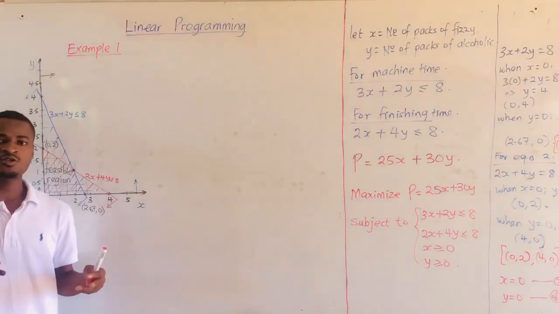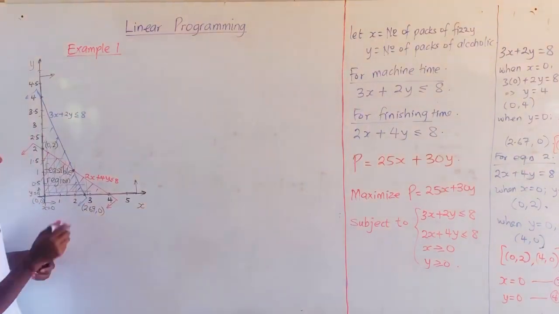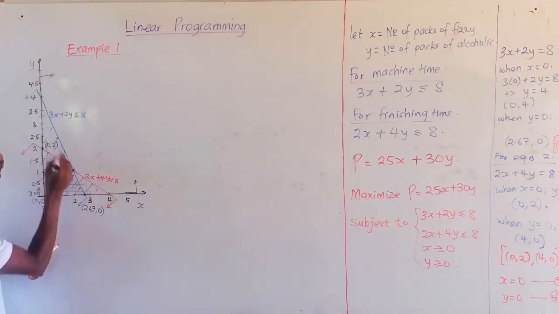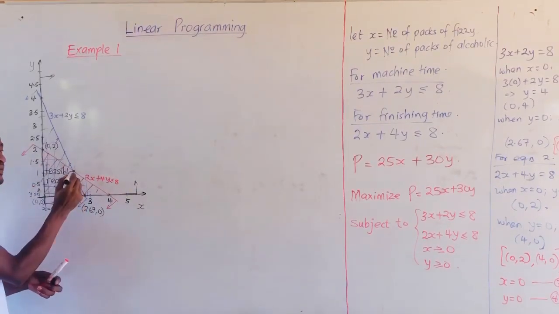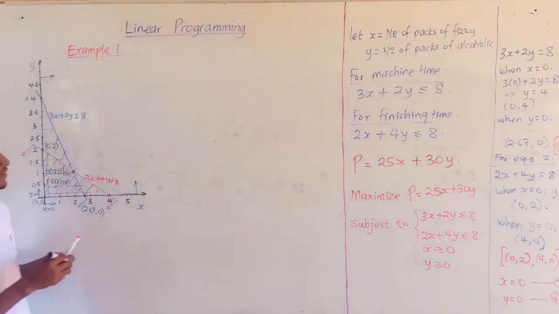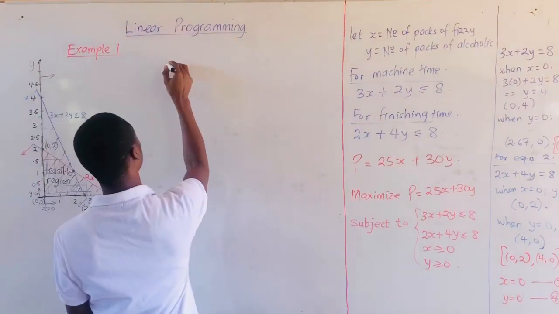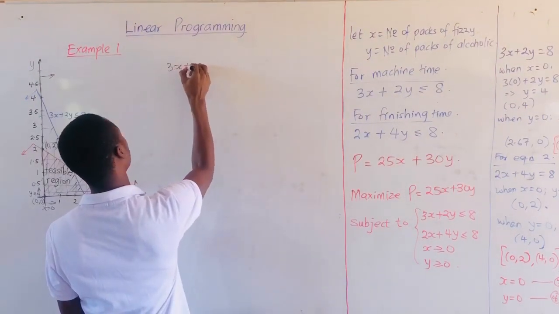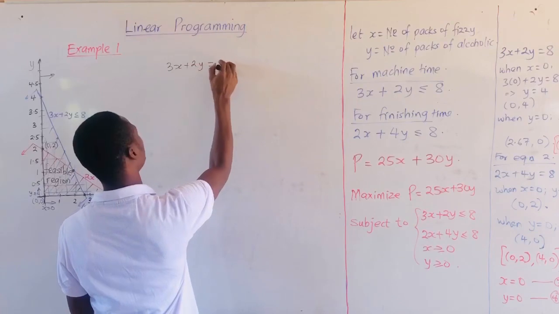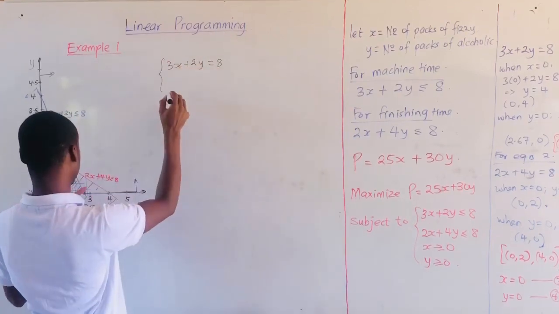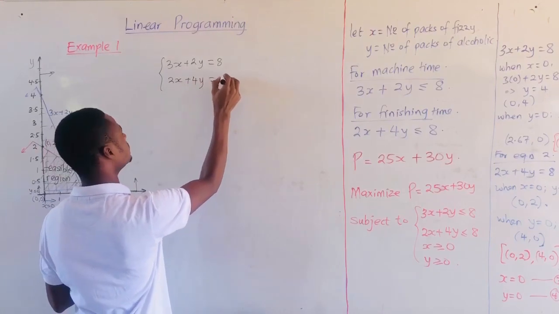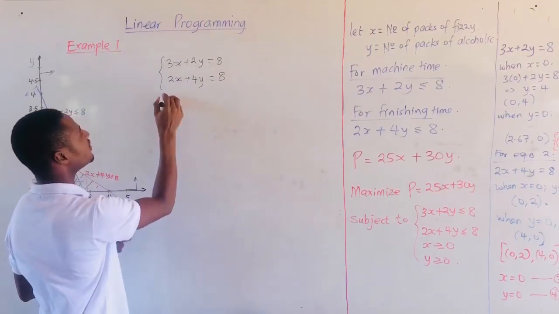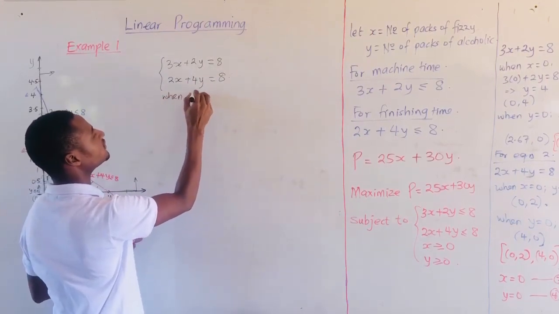But we can also get a more accurate figure by solving the two equations simultaneously. The equations that give us this point, we can solve them simultaneously. And that will be, we have 3x + 2y = 8. And then the other equation is 2x + 4y = 8.